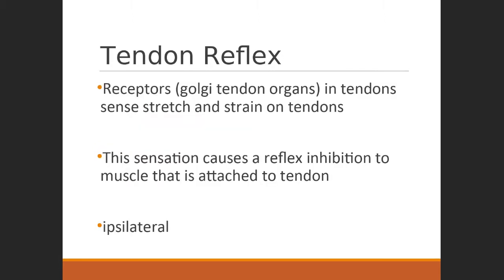So starting off, our tendon reflex. First off, the receptor is called the Golgi tendon organ. The Golgi tendon organ sits in the tendon of a muscle, sensing stress and strain. If we were to look at the structure of a Golgi tendon organ, it's going to be encapsulated.